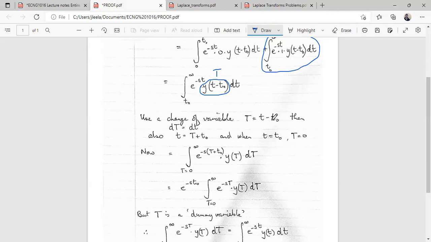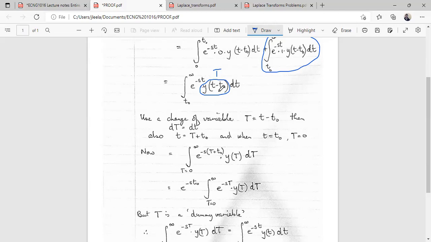But remember t0 is a constant, so when you differentiate a constant you get 0. So d capital T is dt, because the t0 drops out. Now if you rearrange this equation, you'll get t is equal to capital T plus t0.